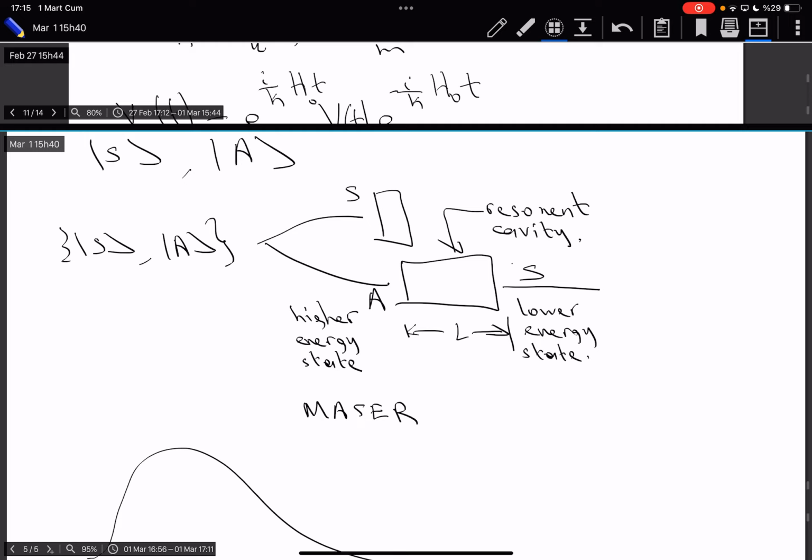In a sense, this is like playing the flute. You blow the air, you excite the modes in the flute. Here you send the ammonia molecules, it excites the resonances in the resonant cavity, but those resonances at the same time force the ammonia molecules to lose their energy.